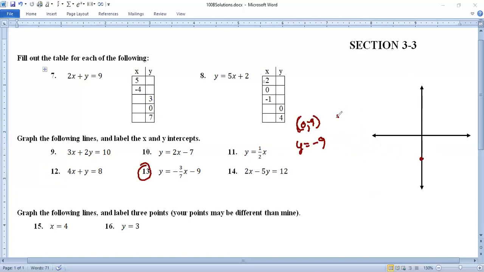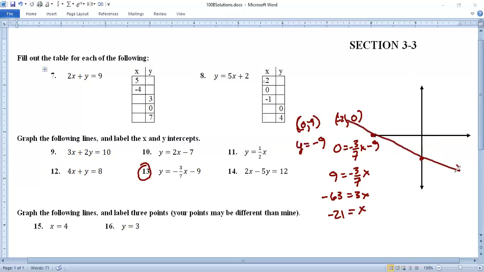And then do the same thing we did, put 0 in for y, 0 equals -3/7 x minus 9, add 9, times by a -7, that's a -63 equals 3x, divide by 3, we get x equals -21. -21 right there would be about there. There we go. And you see it's the exact same line. We've now just zoomed out a little bit.